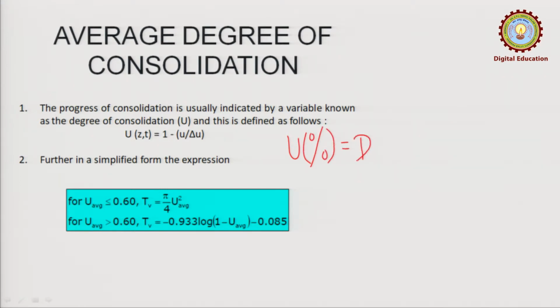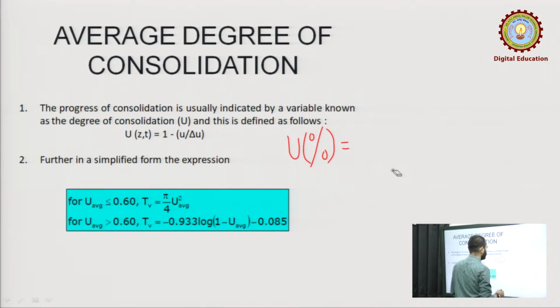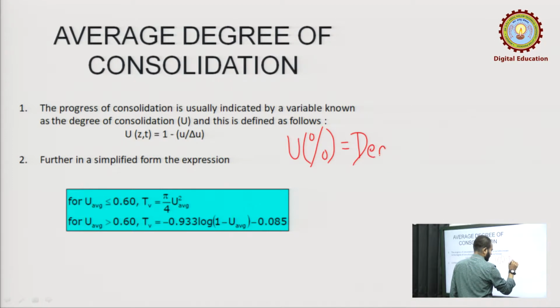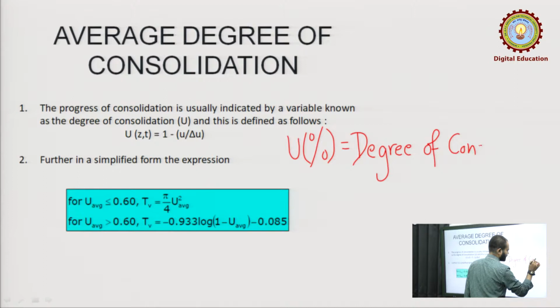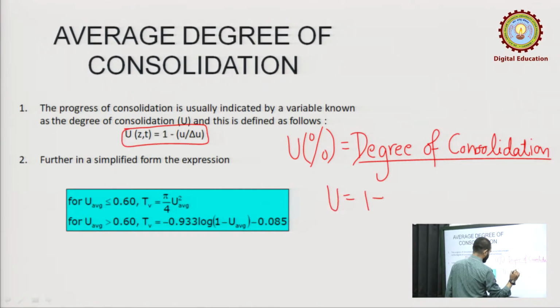This is called the degree of consolidation. The formula can be written as U is 1 minus u upon delta u.